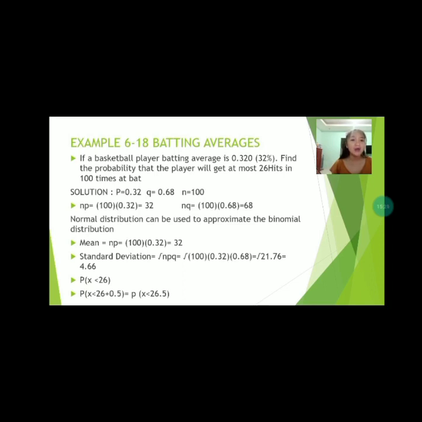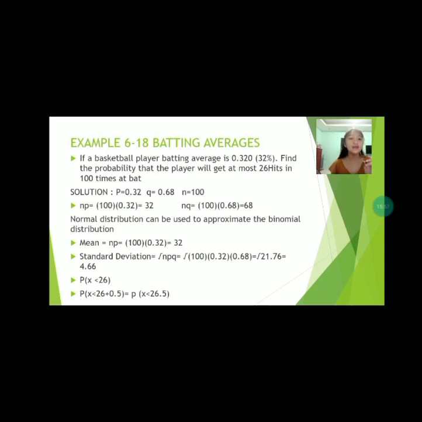To get the mean, we multiply N times P, 100 times 0.32, which is 32. The standard deviation is the square root of N times P times Q. So 100 times 0.32 times 0.68 is 21.76, and the square root of 21.76 is 4.66.